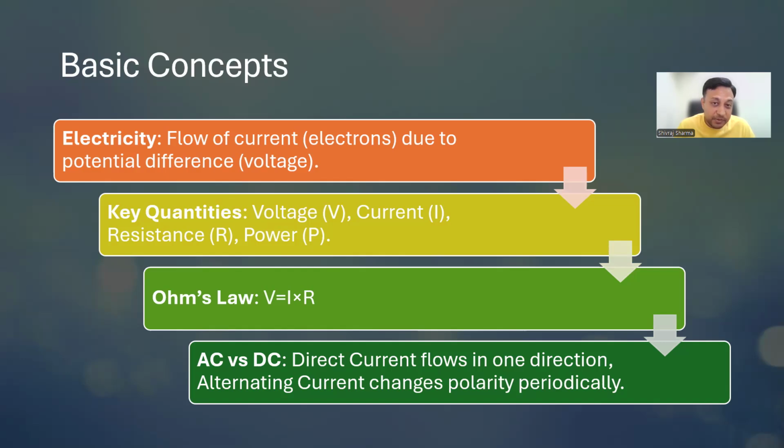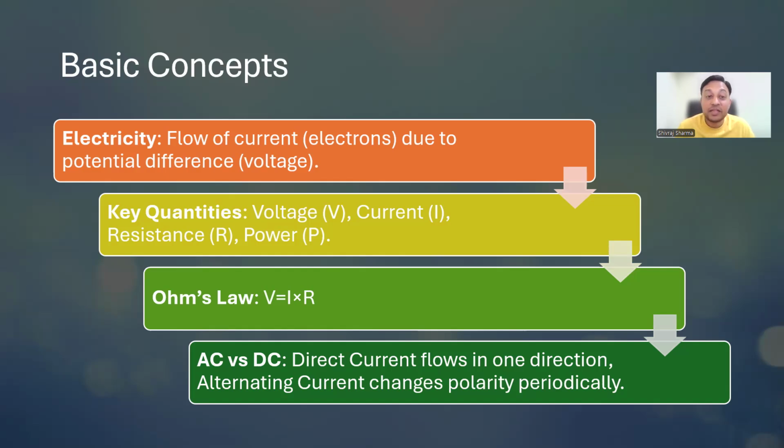That flow of electrons is the current, due to the potential difference, that is the voltage, between two points. So technically the flow of electrons gives you electricity, and the potential difference between the two points is the voltage.